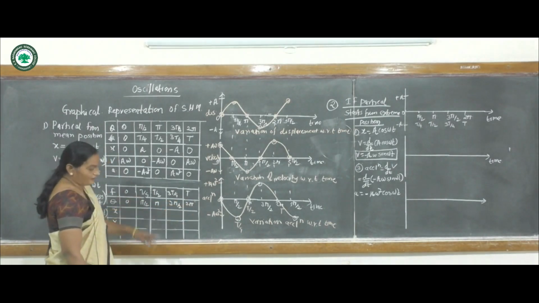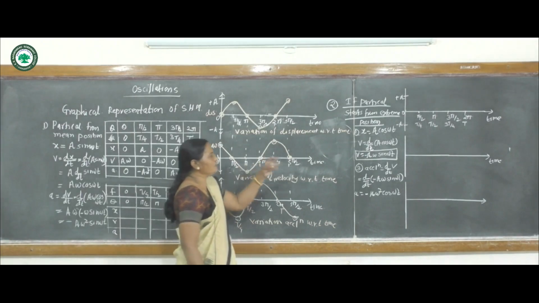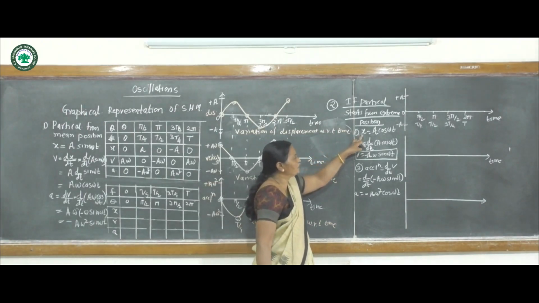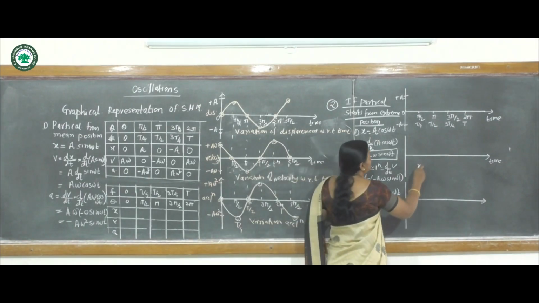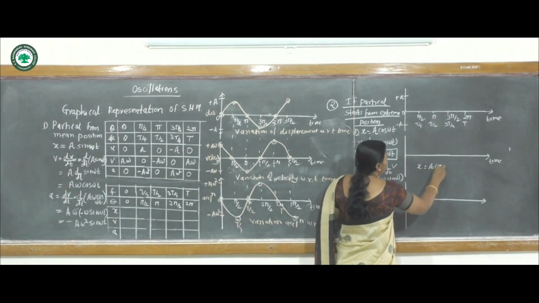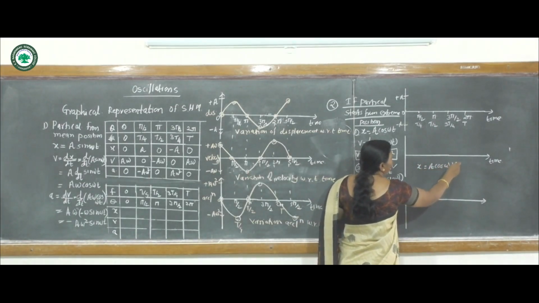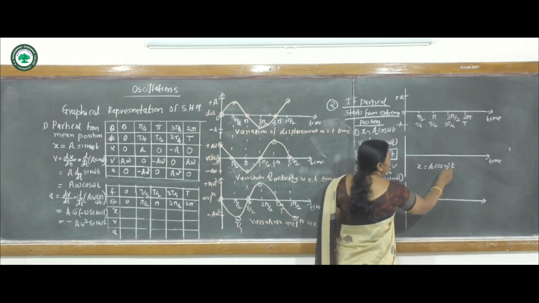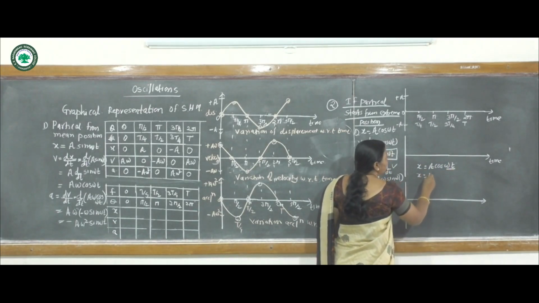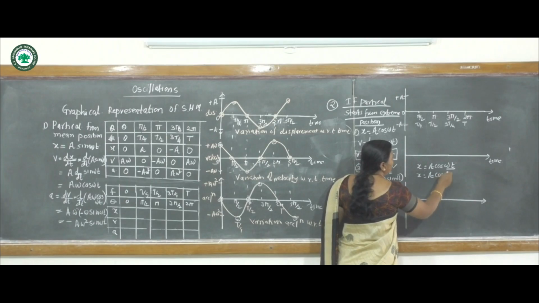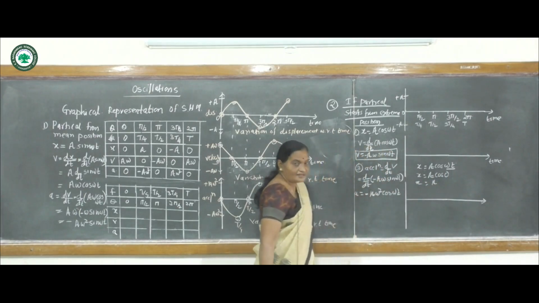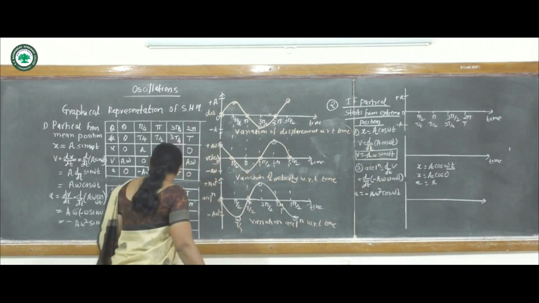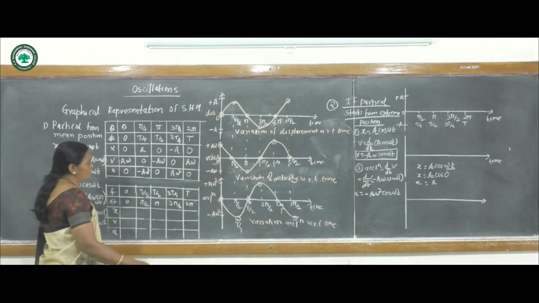Now see the first value of displacement. Suppose x is equal to a cos omega t. Substituting 0 here, x is equal to a cos 0, and cos 0 is nothing but 1, so it is plus a, that is, at 0 the displacement is maximum.